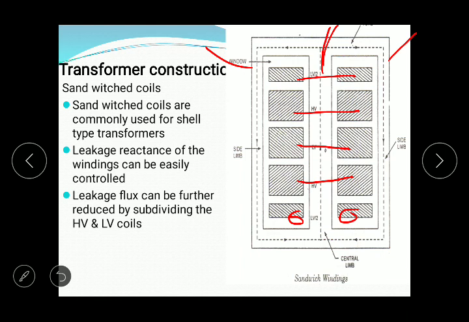Leakage flux can be further reduced by subdividing the HV and LV coils.